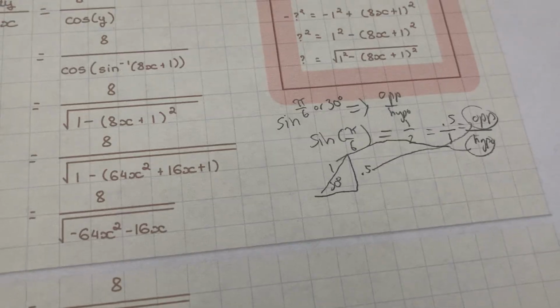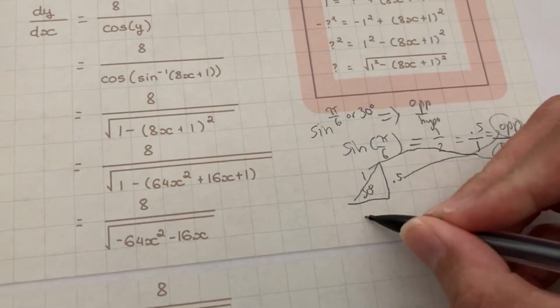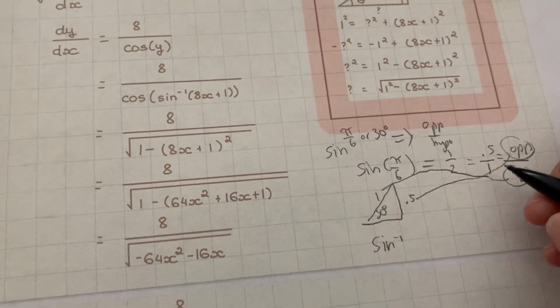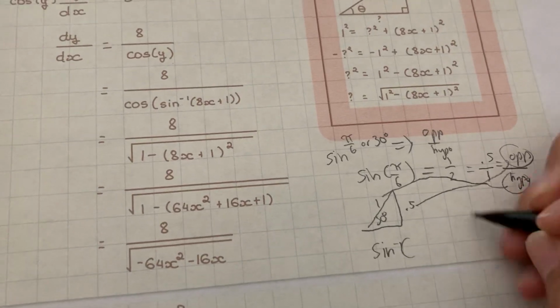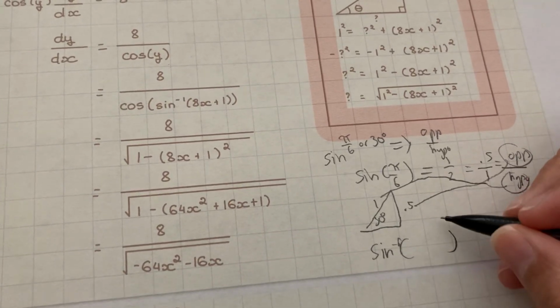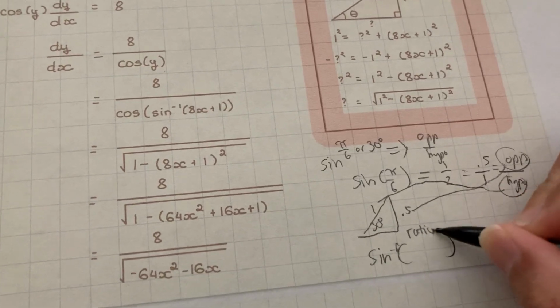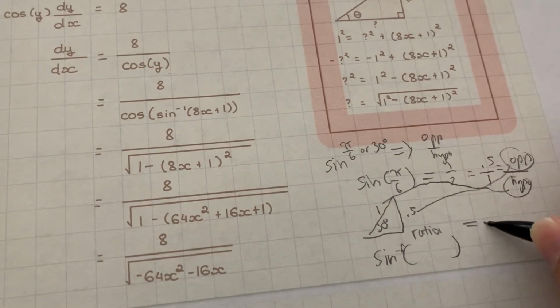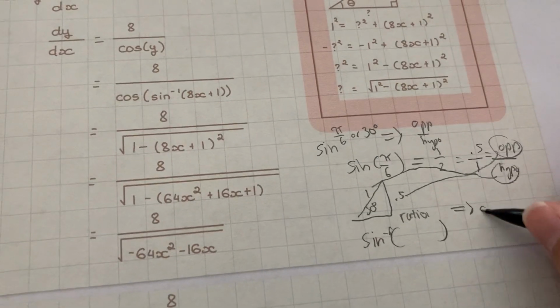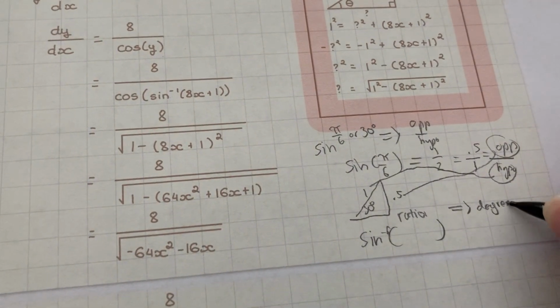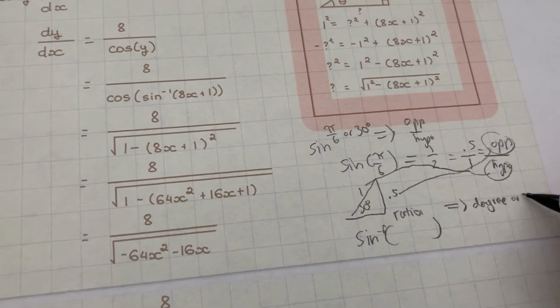Okay, and what's happening with the inverse sine is that it accepts the ratio, and you're getting back the degree or the radian.